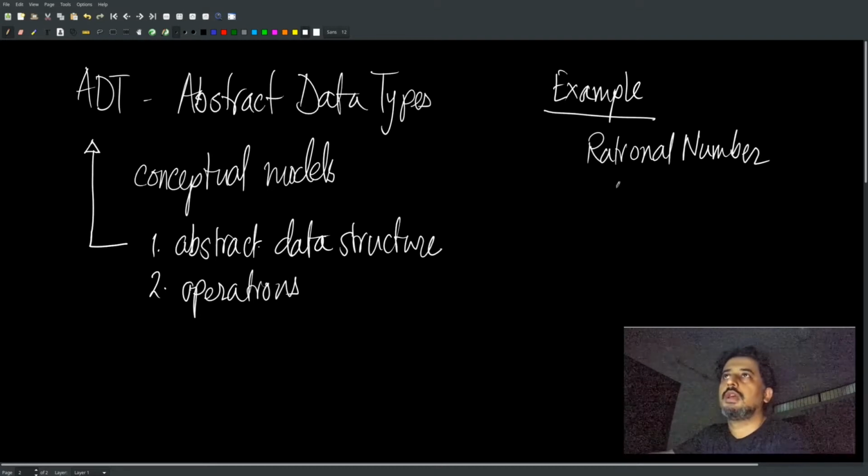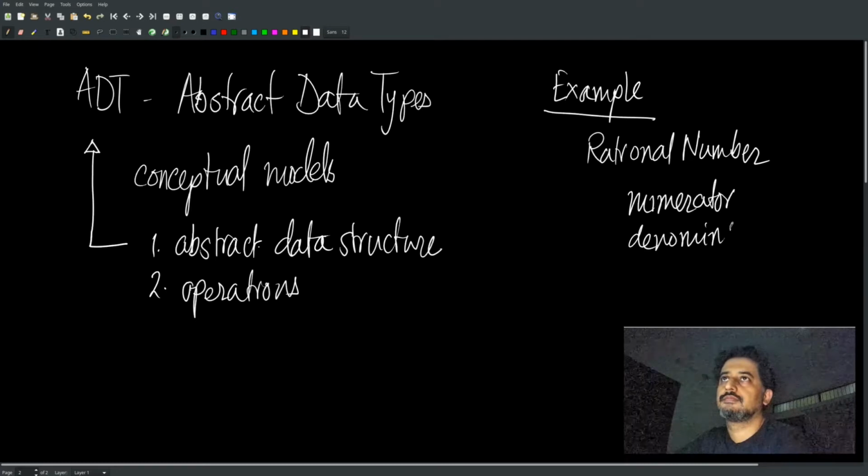Now, rational numbers have two parts. One is called the numerator. The other is called the denominator. And if this doesn't ring any bell, mathematically, rational numbers are any numbers that can be represented in p by q form, where p and q are two integers.